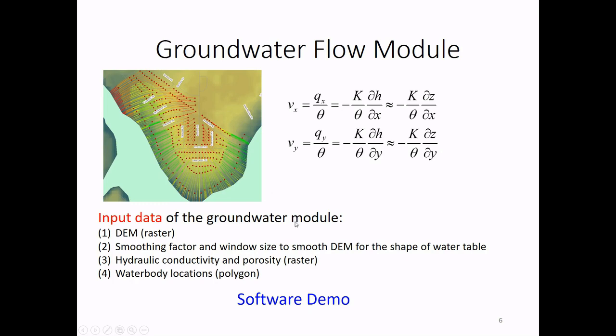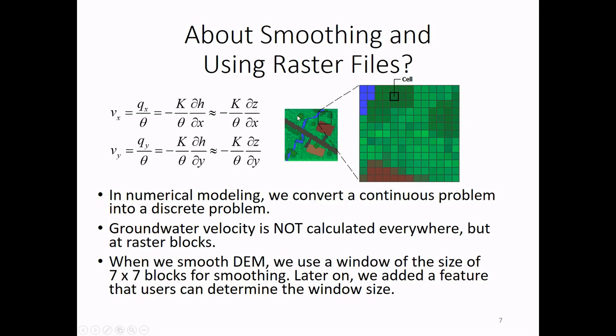This is what we have, and here we explain a little bit more about smoothing and why we use raster files for the DEM, hydraulic conductivity and porosity. You probably know raster files from ArcGIS. You have an image, and you discretize it into blocks. This is very typical in numerical modeling. We always convert a continuous problem into a discrete problem. For example, for velocity, we're not calculating velocity everywhere for every x, y.